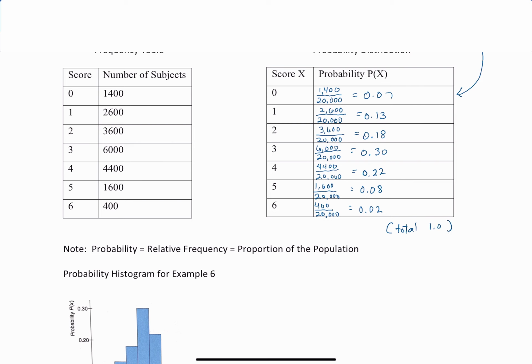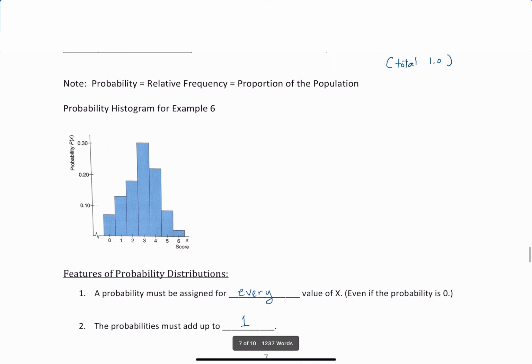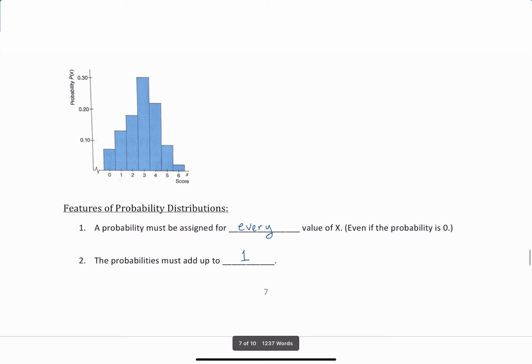One thing I should maybe mention that I think we probably mentioned back when we were doing relative frequencies, and that is if you had to round off any of your decimals, you may end up with something like 0.99 or 1.01 or something like that. And that would just be due to rounding error. But why is it that the probabilities need to add up to 1?